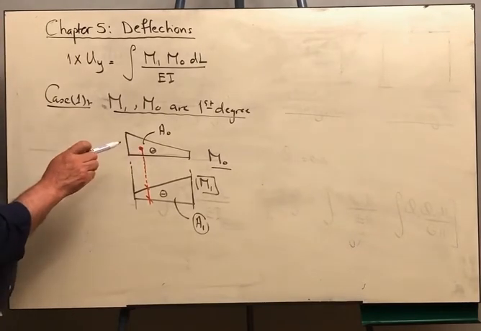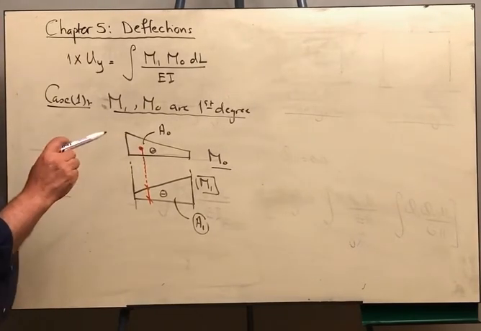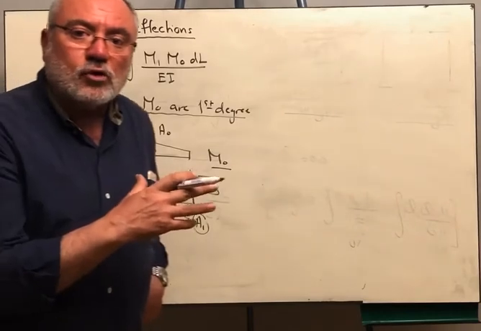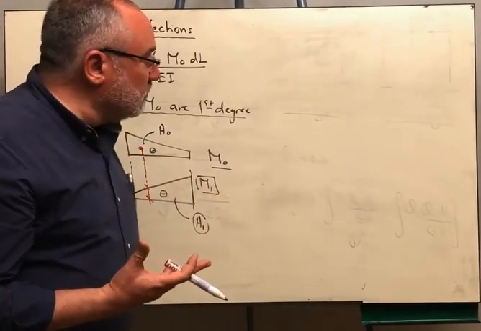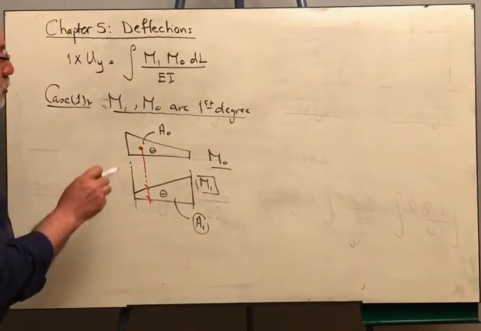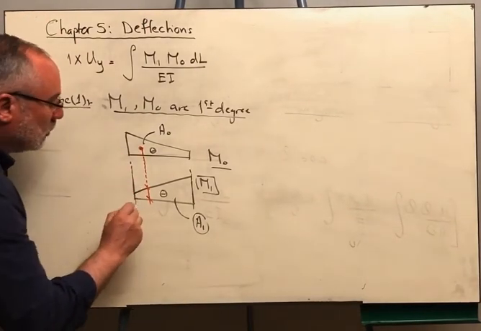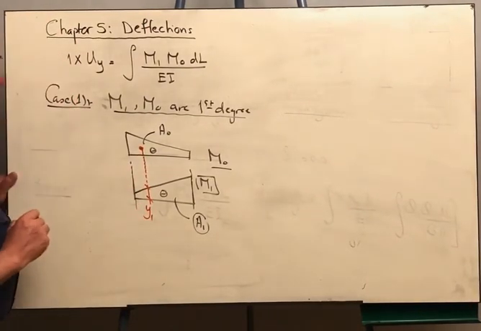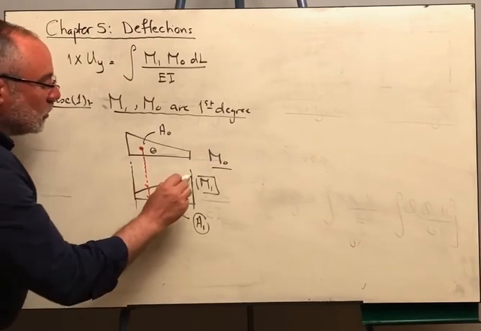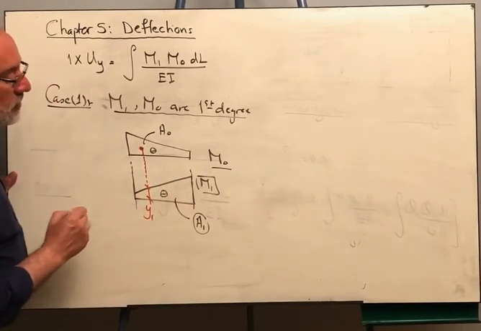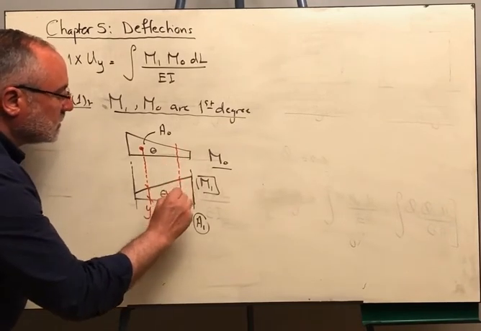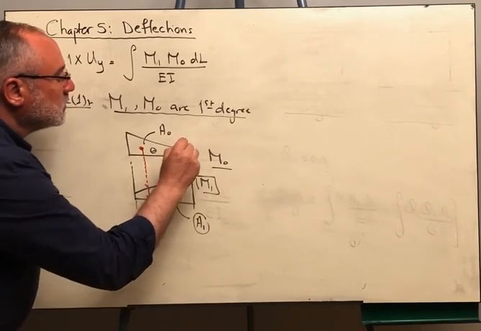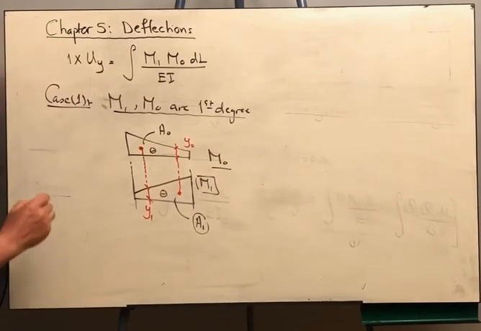We get the centroid from the centroid of common shapes or composite areas that we studied before in chapter 5 in 212. So corresponding to the centroid, we are going to get the ordinate. Let us say the ordinate is y1. Or we can determine the centroid of the other diagram M1 here, and we get the corresponding ordinate y naught.